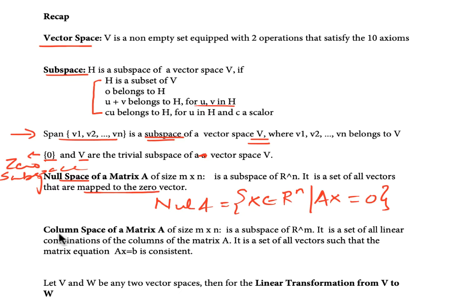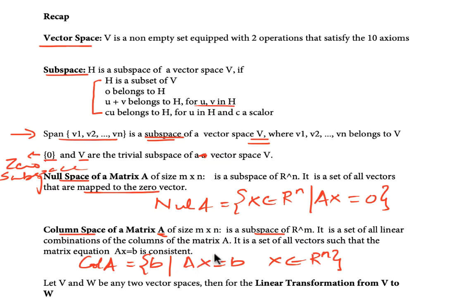Then the column space of a matrix is a subspace of Rm. Remember, we are taking a very general matrix of size m by n. What's a column space? It is the collection of all linear combinations of the columns of the matrix A. So the column space of A is the collection of all those vectors b such that Ax equals b, where x is in Rn.